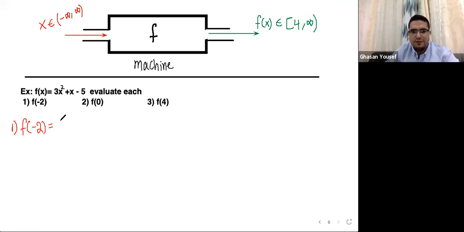What is f of minus 2? Is 5, as Aziza said. So let's check. 3 times minus 2 squared, plus minus 2, minus 5. And minus 2 squared is 4. 3 times 4 is 12.